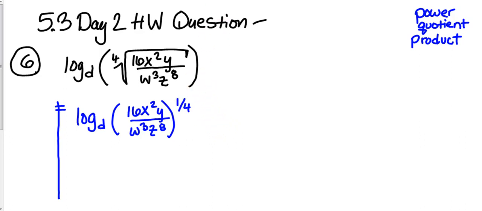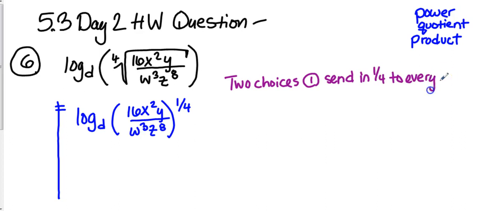There are 2 options, 2 choices. Option 1, send in 1/4 to every term inside parentheses.